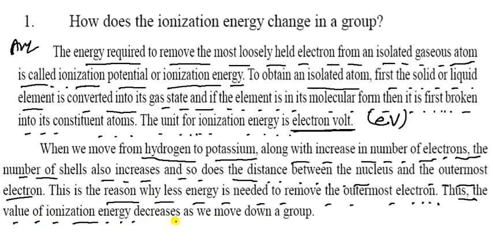Thus the value of ionization energy decreases as we move down in a group. So that is your answer. Your answer is very short, but you have to write the reason. First you give the definition of ionization energy and then give the reason, as given here. So you have to write this answer.